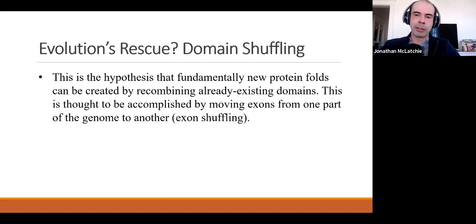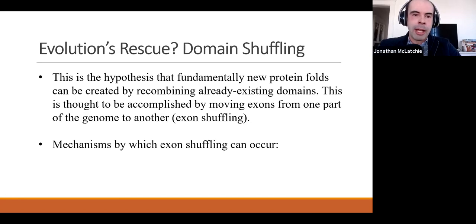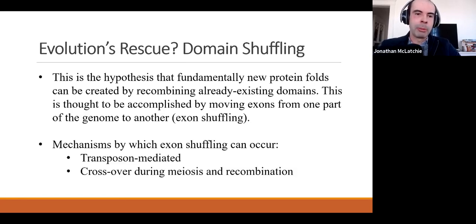And this is known as exon shuffling. And there are several ways by which exon shuffling can occur. The most common are probably mediated by transposons, which are jumping genes, genes that can move from one part of the DNA to another, and also crossover during meiosis, which is replication of sex cells, and recombination.